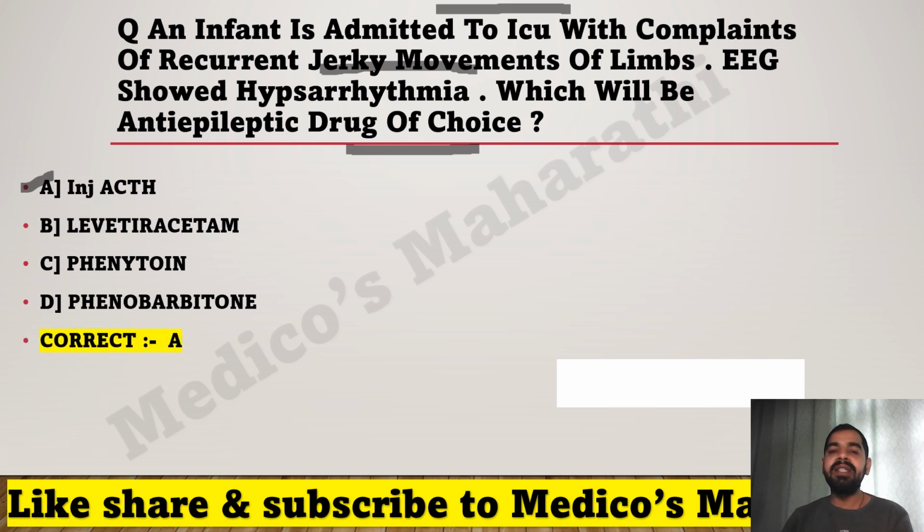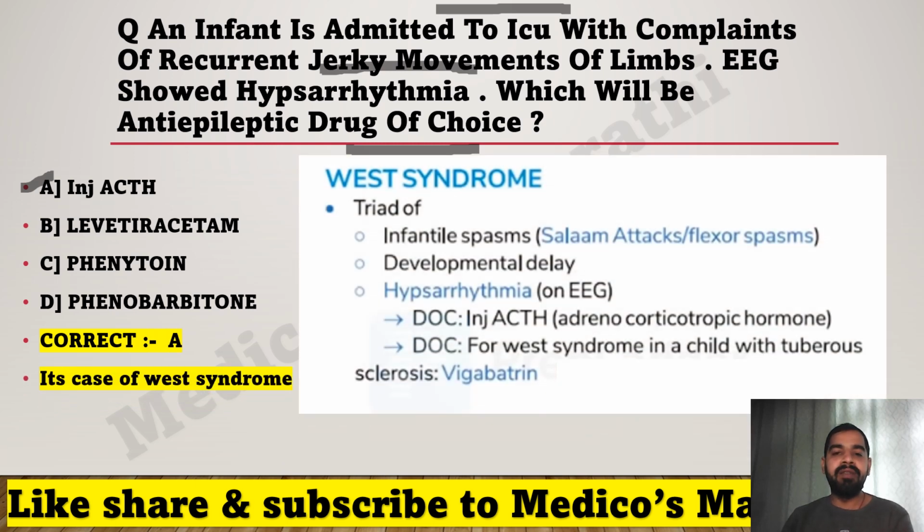This condition is representing West syndrome, and in West syndrome you can see a triad of symptoms, that is infantile spasms, attacks of flexor spasm and developmental delay, and hypsarrhythmia on EEG. So all these complaints are given in this question.